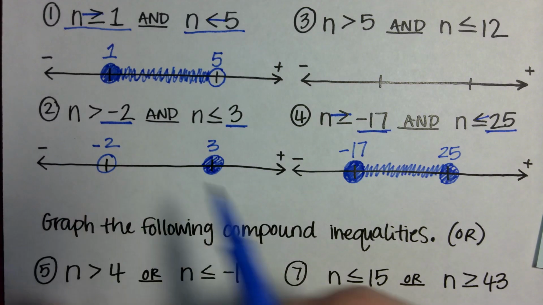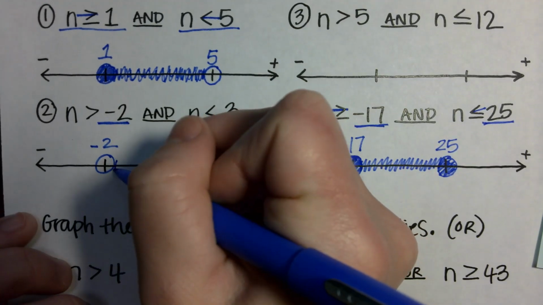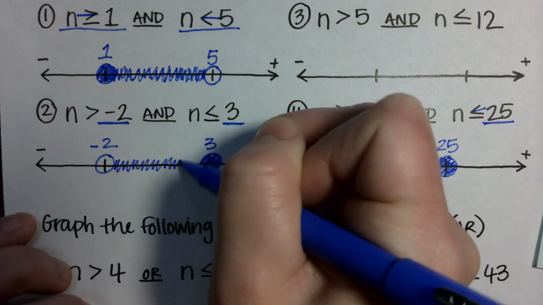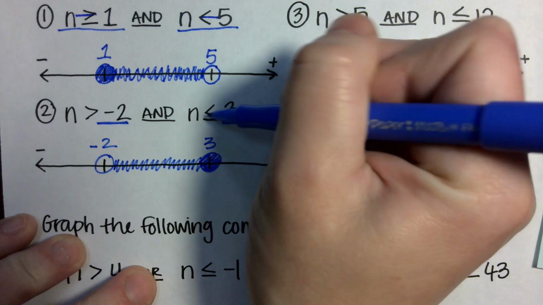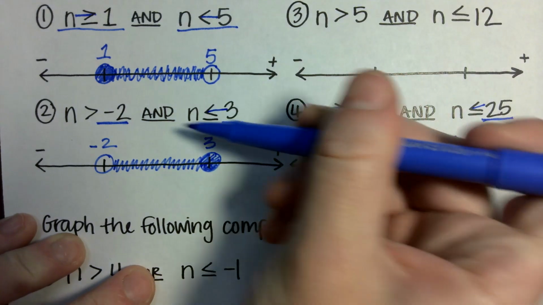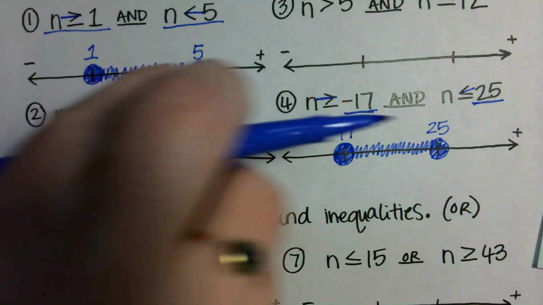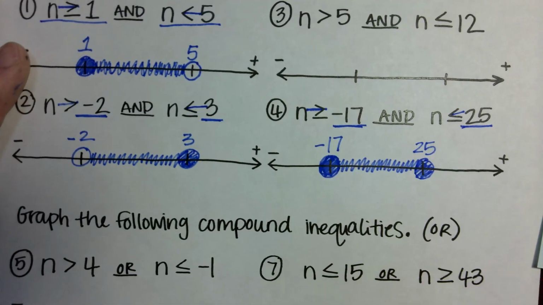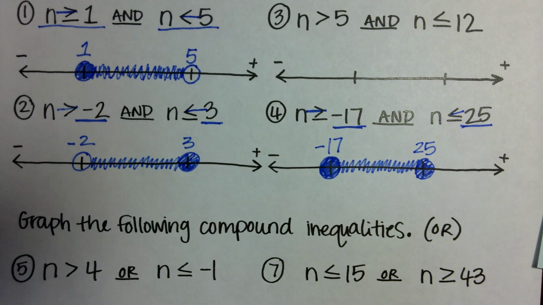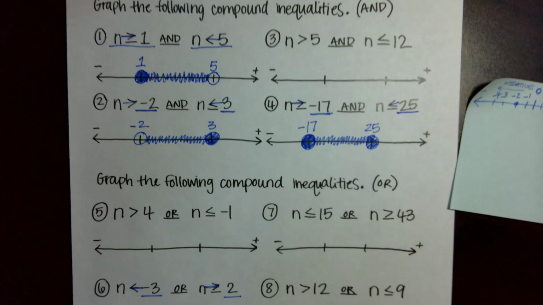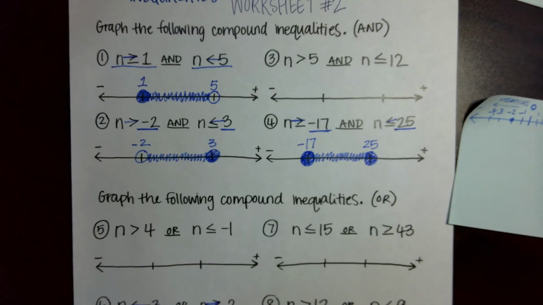Outside or inside? Inside. Yes, because our symbols tell us to. From 3, we have an arrow pointing inwards. From -2, we have another arrow pointing inwards. Awesome. Does that help clarify some things for you guys? Yeah, good.